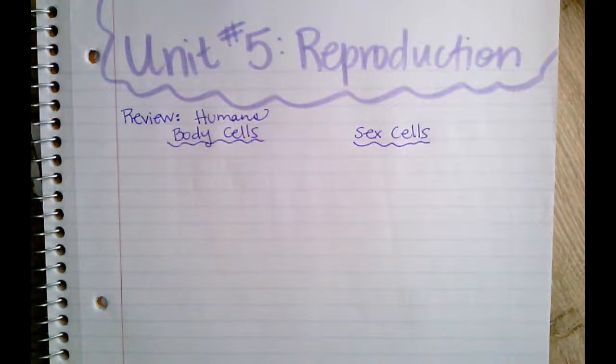So today, you guys are going to take notes on mitosis and meiosis, which we have not done meiosis yet, so that will be new. But I'm hoping mitosis is a little bit of review.